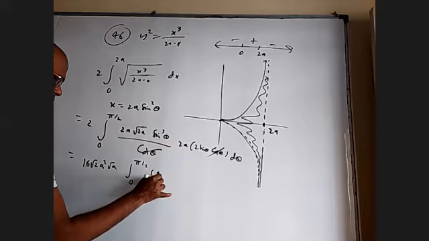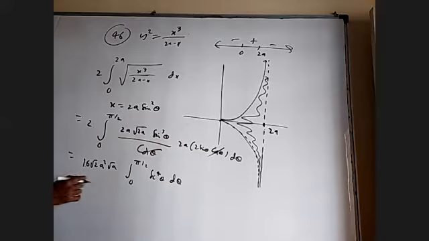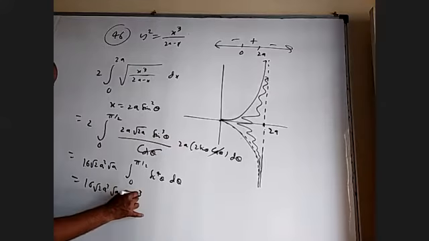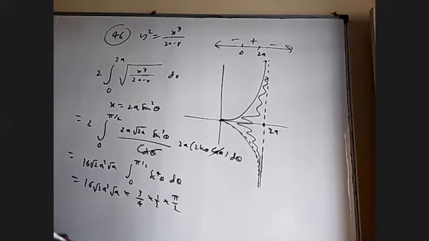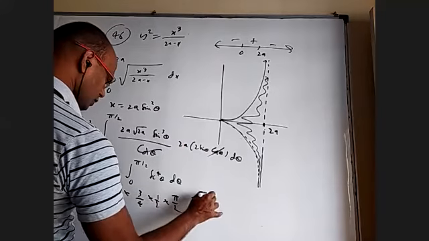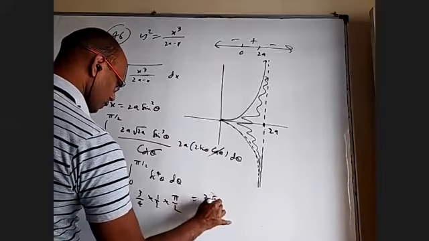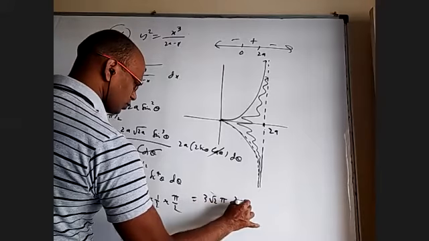We have a reduction formula for this: 16 root 2 a square root a, 3 by 4 into 1 by 2 into pi by 2. So again 4, 2, 2 got cancelled. So I got 3 root 2 pi a square root a.